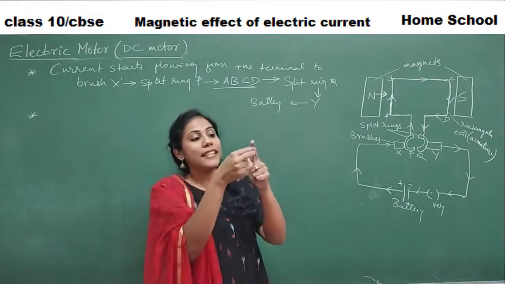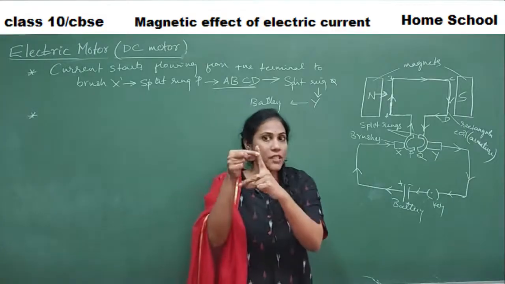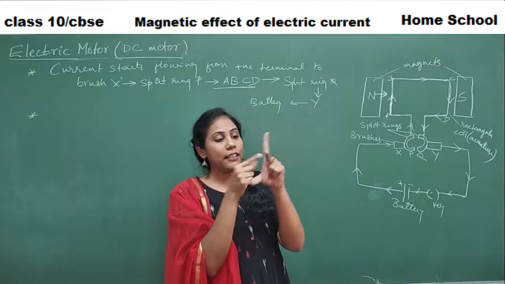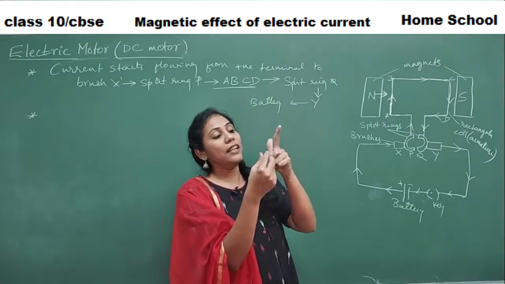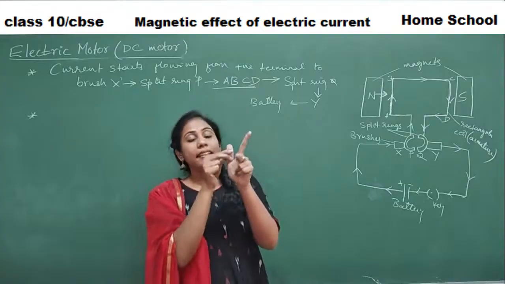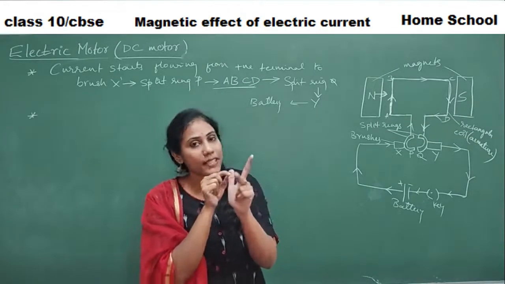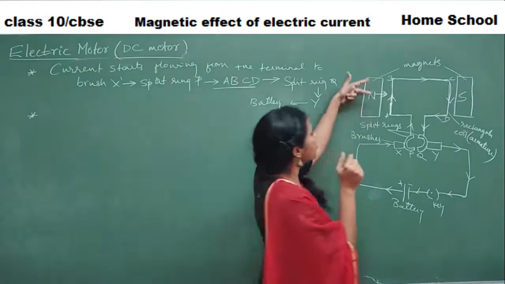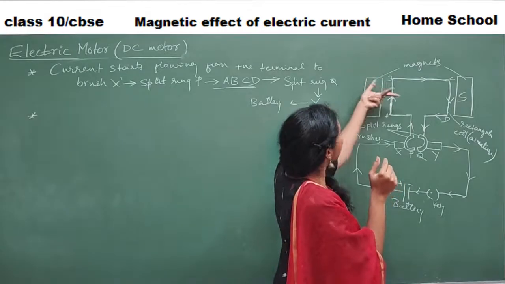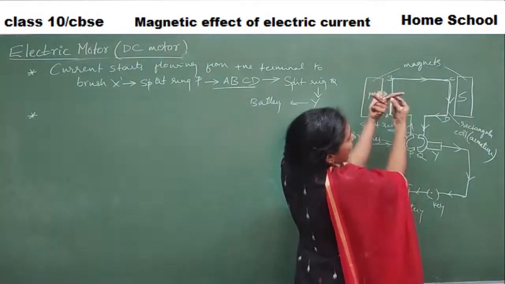This particular finger, my index finger, tells you the direction of magnetic field, the ring finger tells you the direction of current, and then our thumb will tell you the direction of force, isn't it? So apply this. See, something like this. This is our magnetic field, index finger.